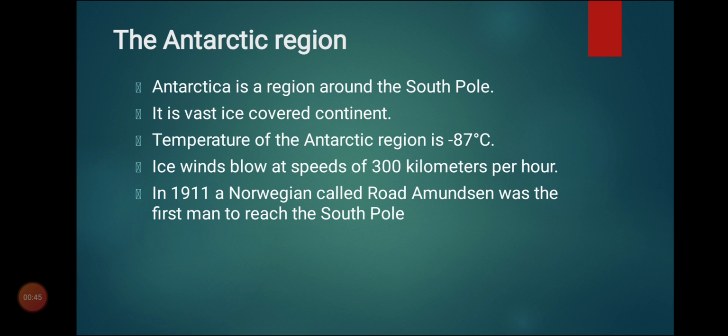The polar regions at the North Pole are called the Arctic regions, and the other regions at the South Pole are called the Antarctic regions. In the polar regions, the Arctic is so cold that the temperature is about -23 degrees centigrade.